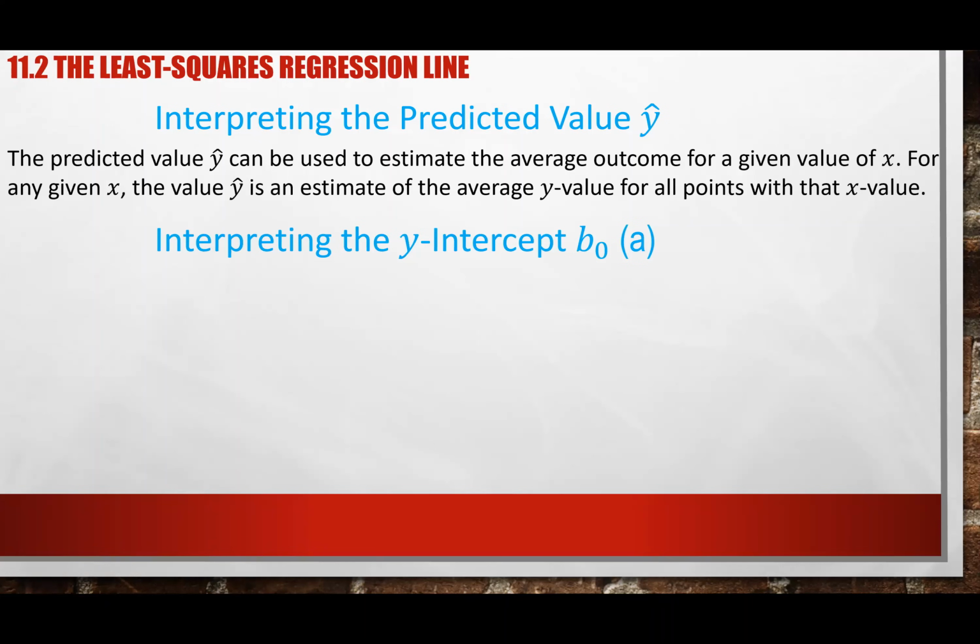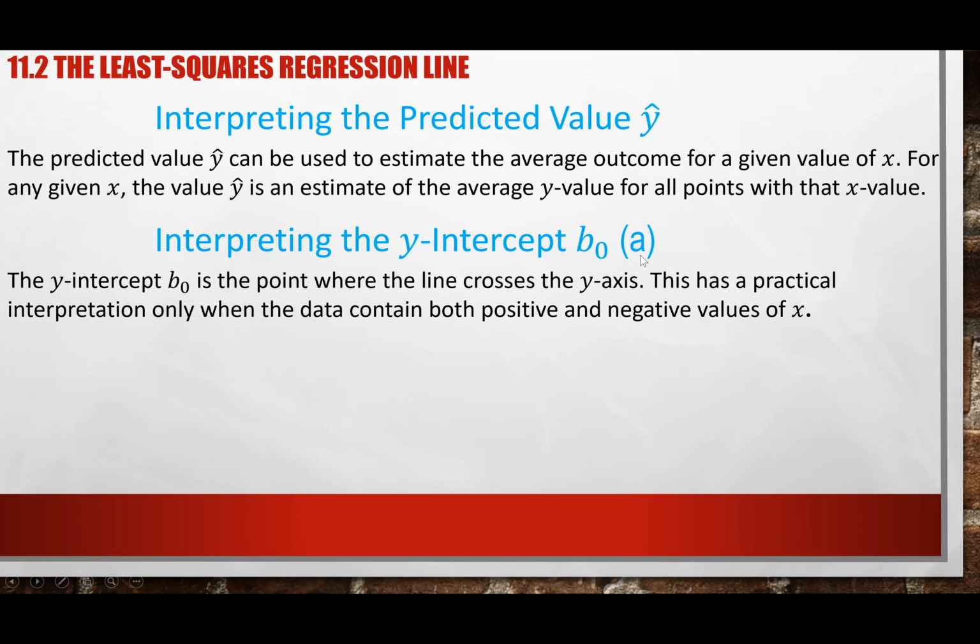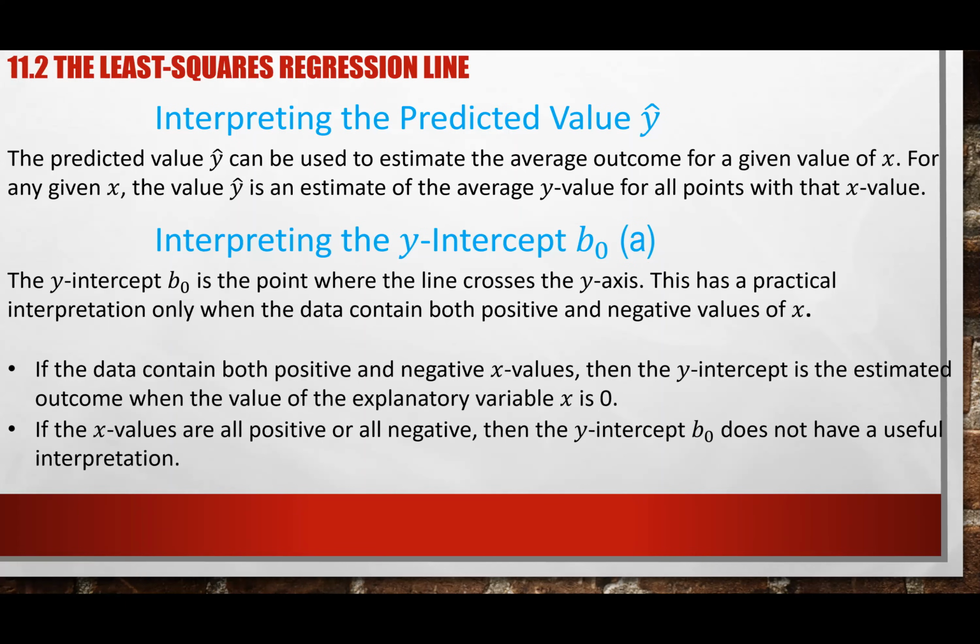You plug in whatever X they give you into the equation, and whatever answer comes out is just the estimate of the average, the estimate of what the number will be. Your y-intercept, your b sub 0, or in our case the A number, you rarely have to interpret. If you remember in algebra, where is the y-intercept?